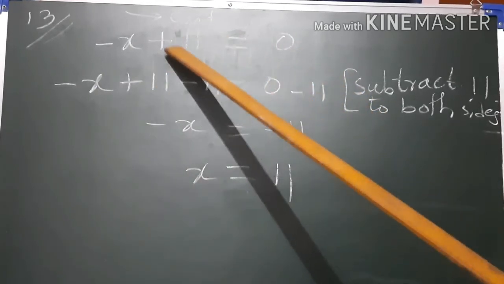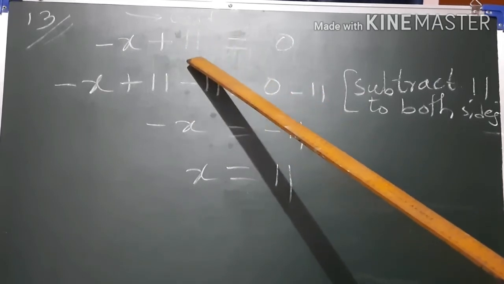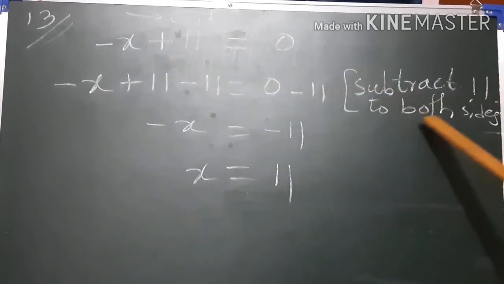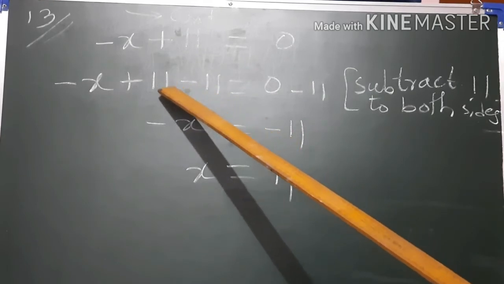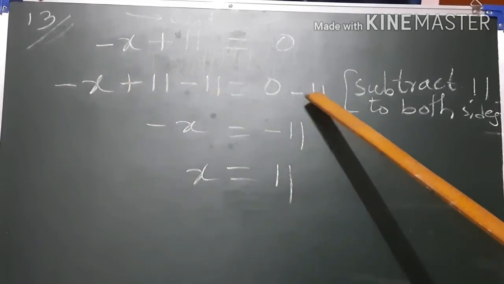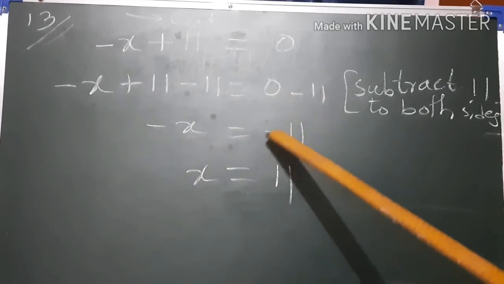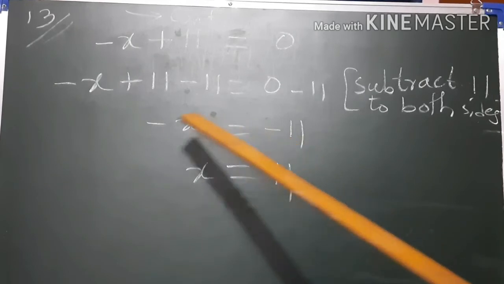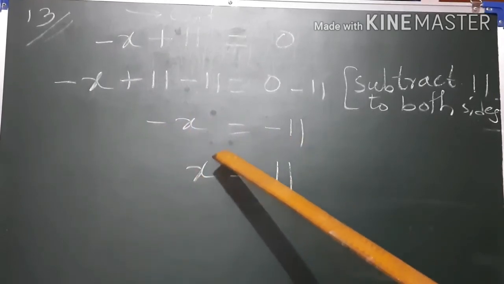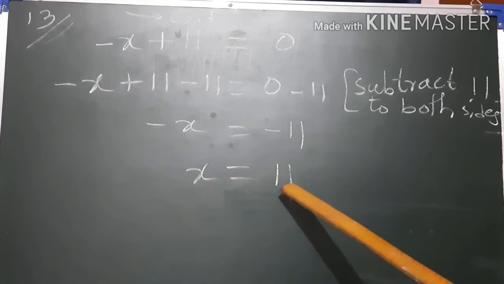Now this 11 we have to remove. In order to remove plus 11, subtract 11 from both the sides. So we get minus x, and when we subtract we get minus 11. Both the sides we have minus, therefore we have to write positive on both the sides. x is equal to 11.